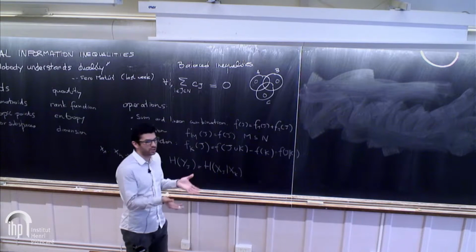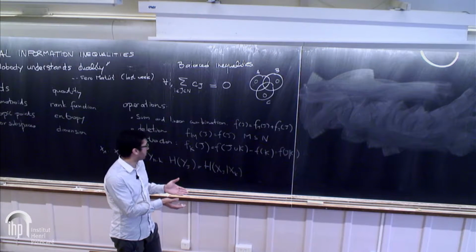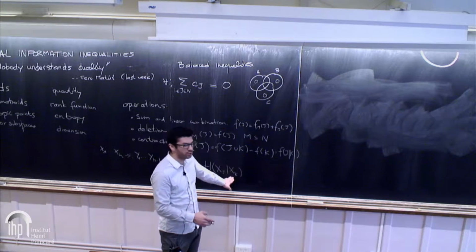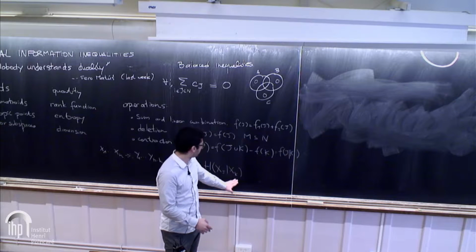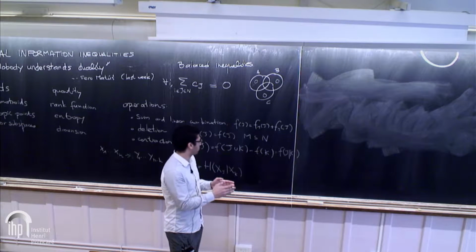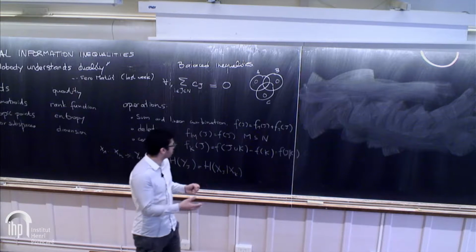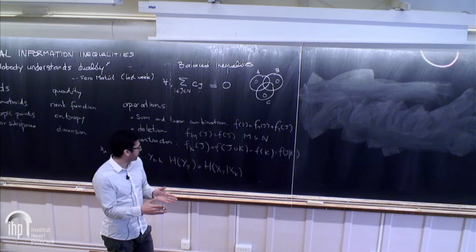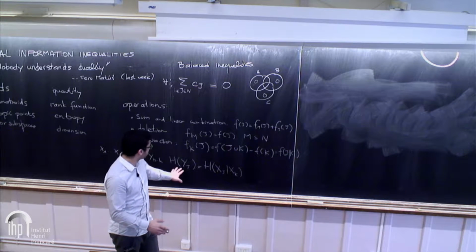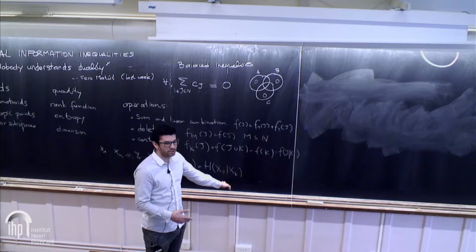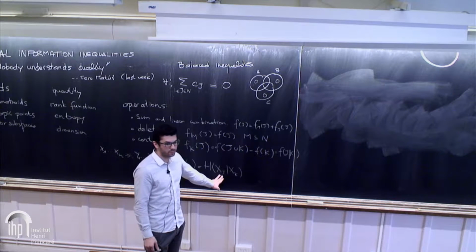Somehow I want to extract a part of the entropy of x, but conditional on some other set. K is fixed here, so you always condition on the same subset of random variables, and you want to find some distribution such that the entropy is exactly this conditional entropy.